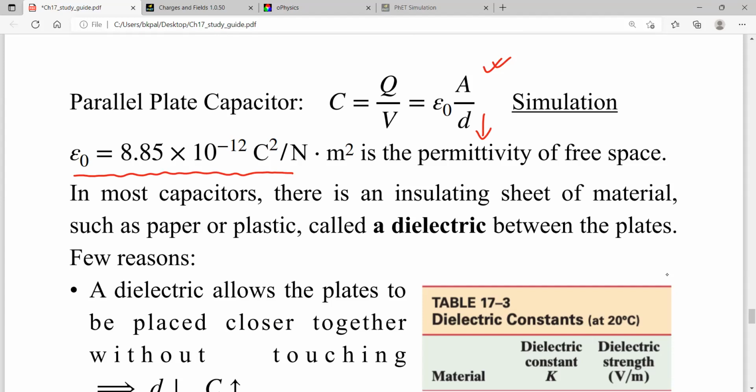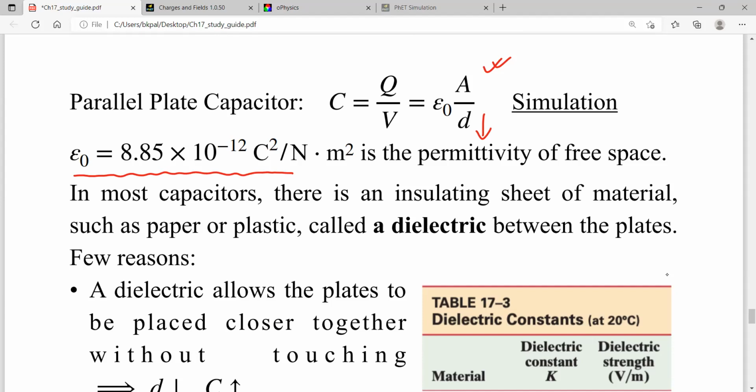Increasing A is not a good idea, so normally we do not increase the area. We can also increase the capacitance by increasing the area, but we normally do not do that. If we need to increase the capacitance, we basically decrease the separation. Smaller the separation, higher the capacitance. From this equation, you can clearly see that.